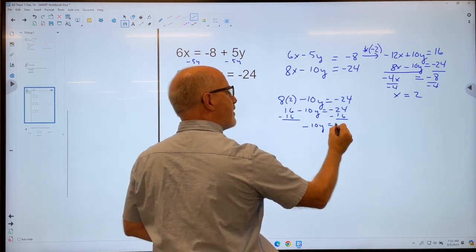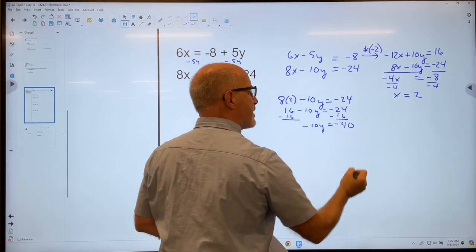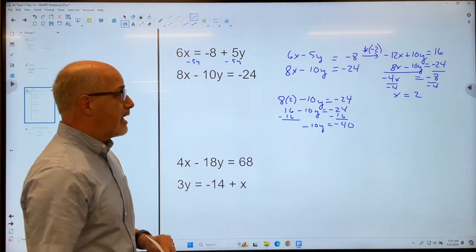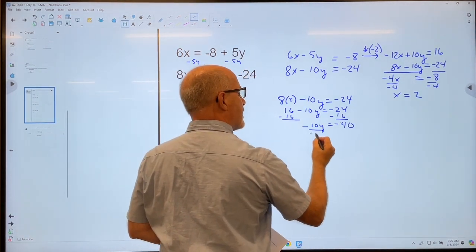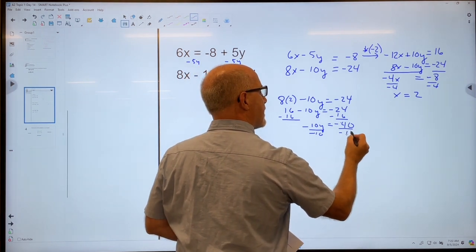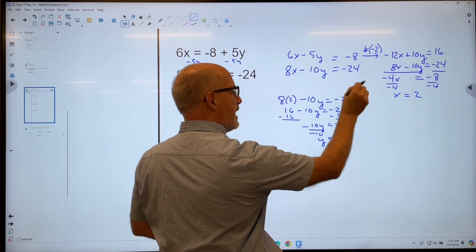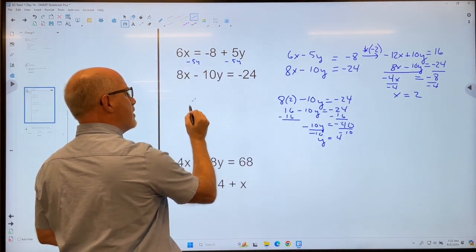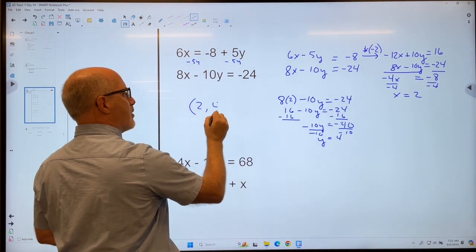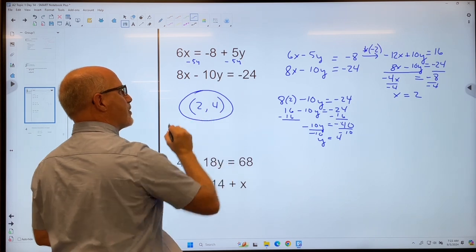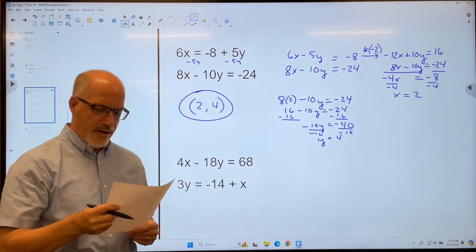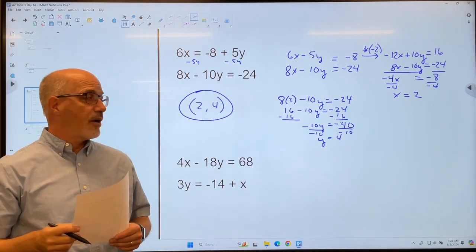Numbers are gone, negative 40. Negative 24 minus 16 is negative 40. Now divide by negative 10, and I get y equal to 4. So my answer is x equals 2 and y equals 4 for a solution. You can check that out in the equations if you'd like to see that that works.